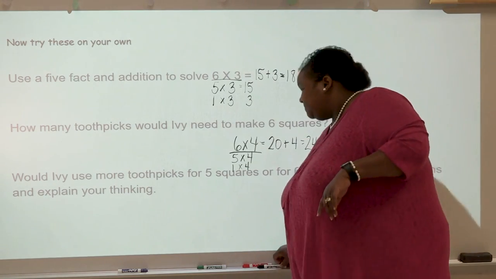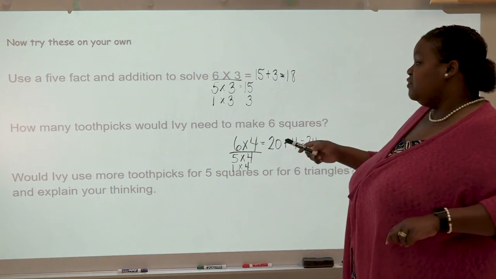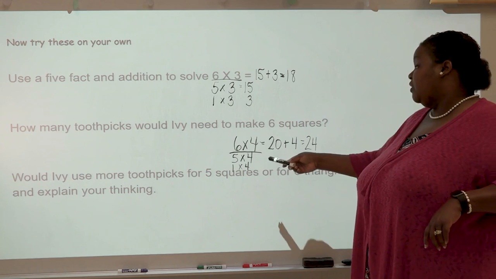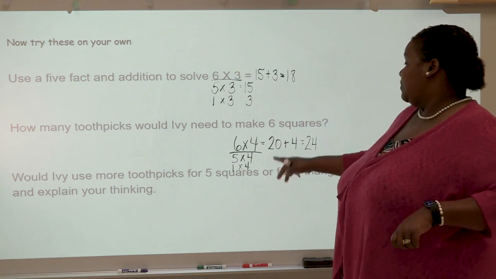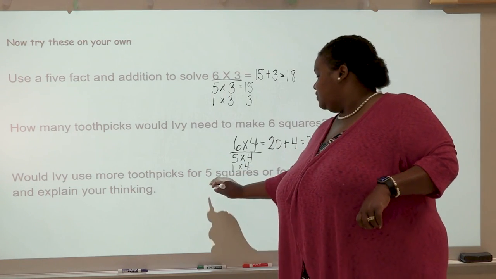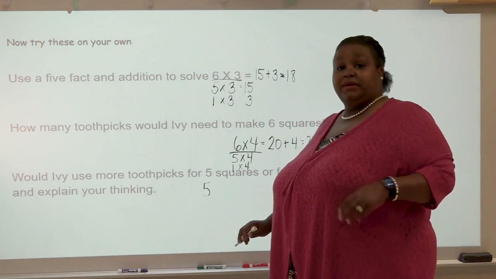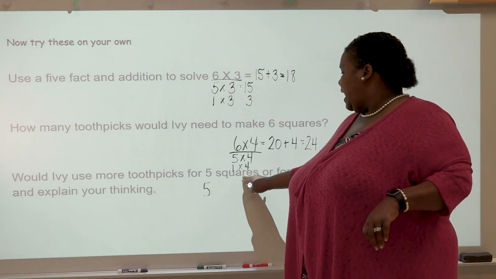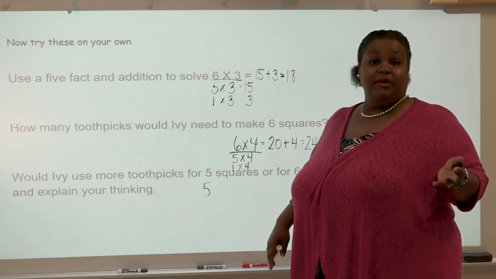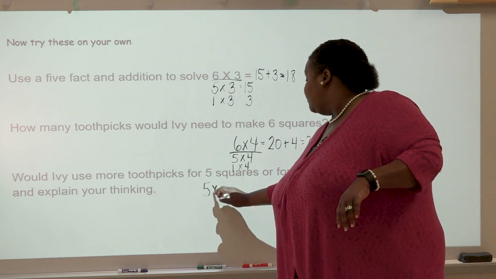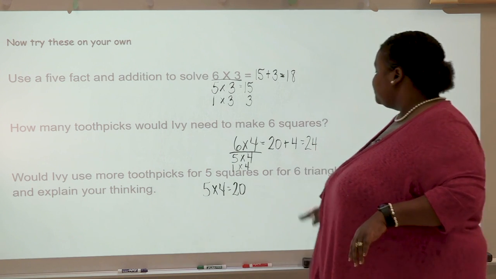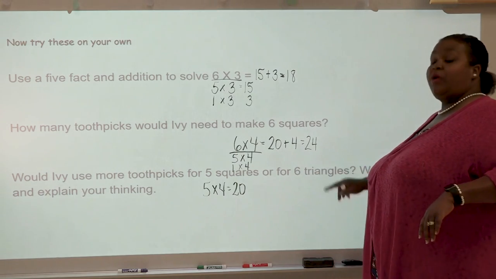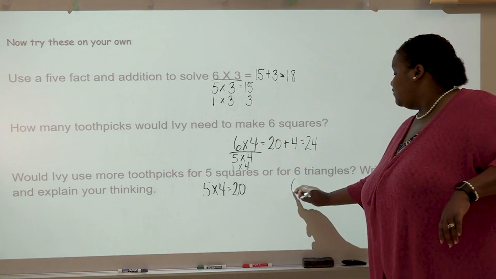And our last one, would Ivy use more toothpicks for 5 squares or for 6 triangles? So let's think about this one. 5 squares. 5 is my group. 5 groups. How many sides does a square have? And you had said 4. 5 times 4 equals 20. Yes. Or for 6 triangles. 6 is my first factor.